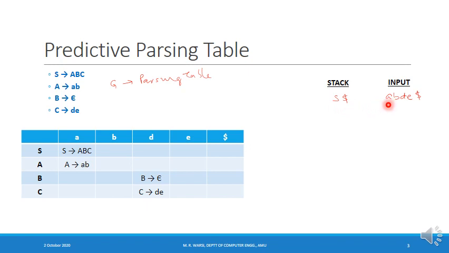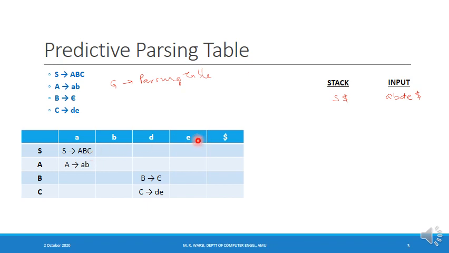I consult the parsing table for the entry S, small a. It contains this production, so capital S is to be expanded to ABC.